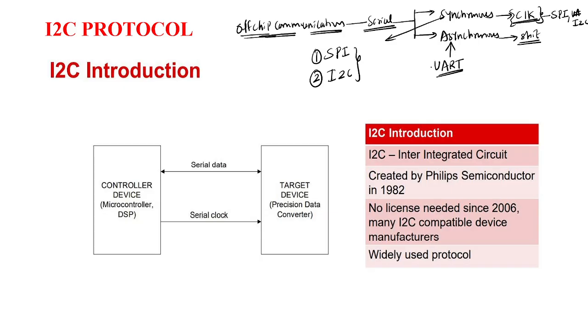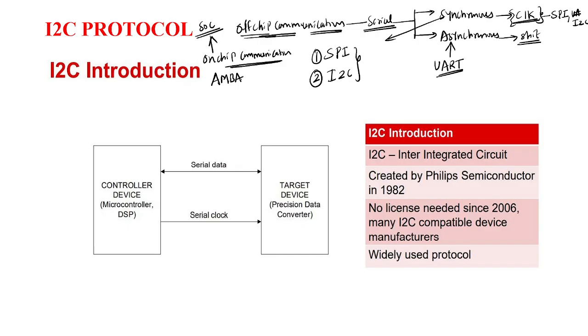So these are the off-chip communications. Next is on-chip communication. If you take an SoC, a system on chip, there are so many peripherals, and we need to communicate with them over different buses. There we use the AMBA protocol.